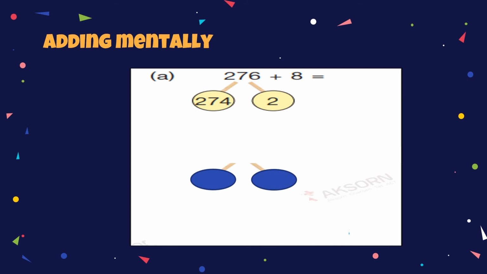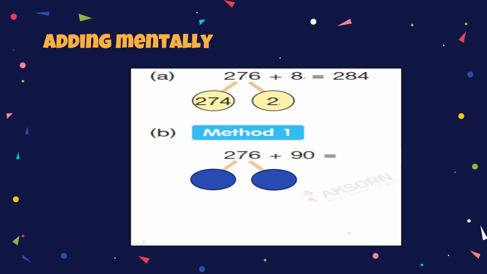So we have 274 and 2. So 2 plus 8 is equal to 10, right? So we will add 1 here.